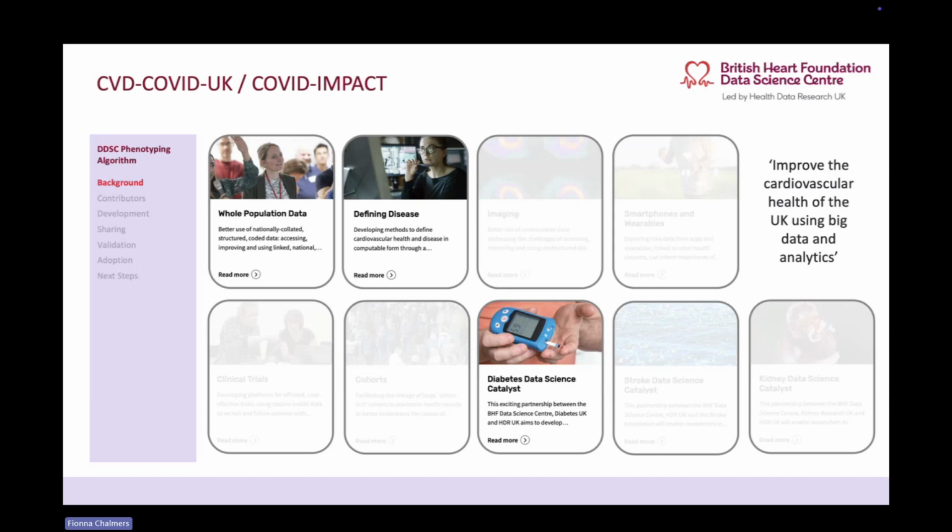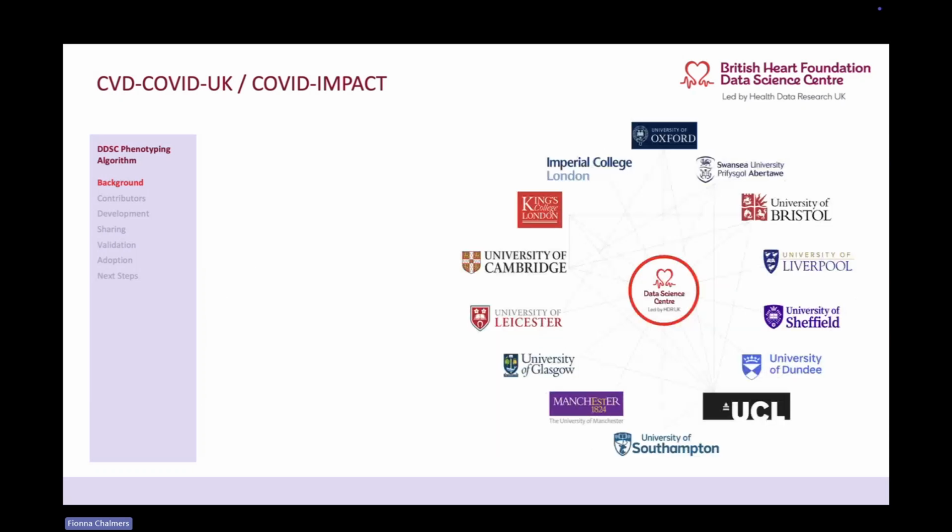One of our main areas is called full population data, and this is where we're working with structured data or electronic health records, data that's collated at a national scale to do cardiovascular research. We have a project there called CVD COVID UK COVID Impact that drives most of that work, and the aim of that project is to understand the relationship between COVID-19 and cardiovascular diseases.